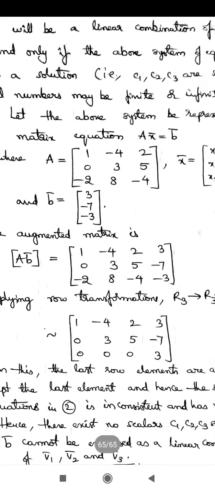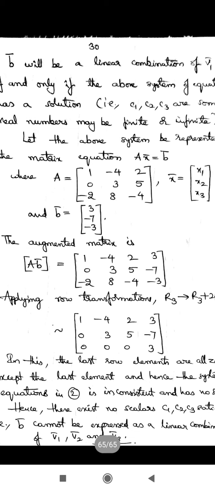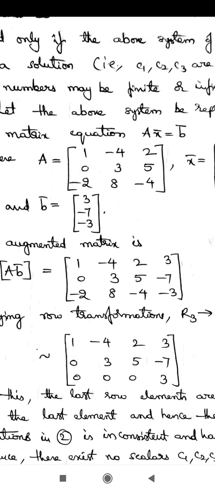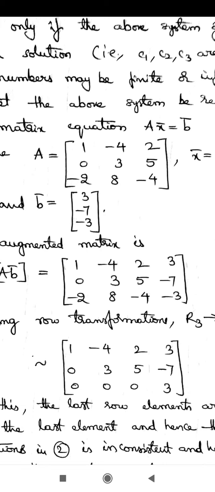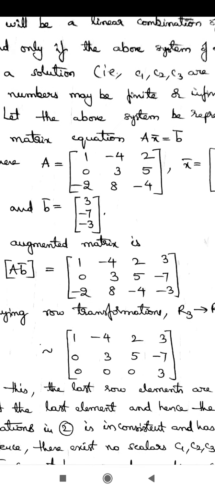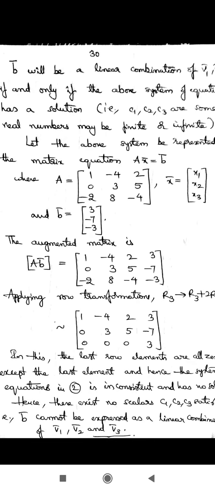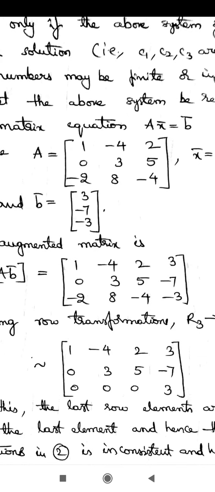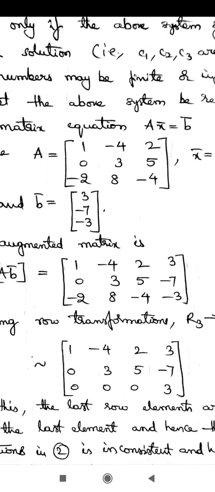Now write the augmented matrix [A | B bar], which consists of the whole matrix A first, then in the last column the column vector B bar, so it is a 3 by 4 matrix. It has 3 columns taken from A, and the last column corresponds to the vector B bar. Now we can apply elementary row operations on this augmented matrix.